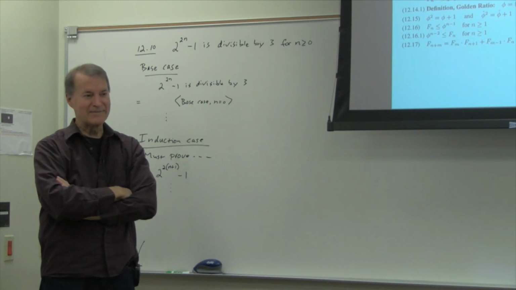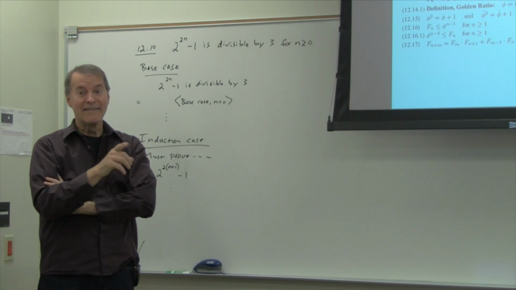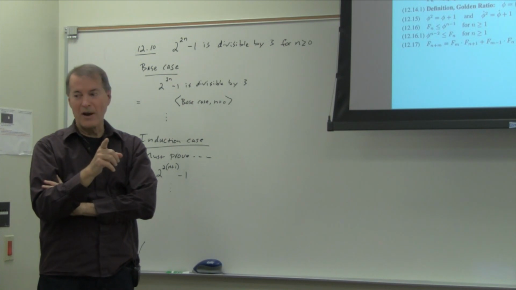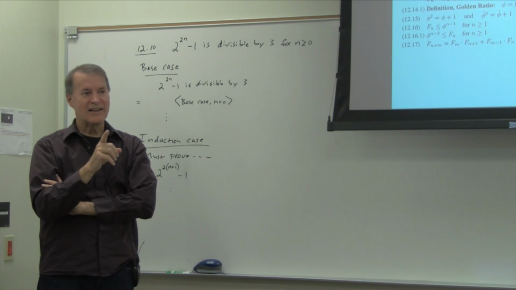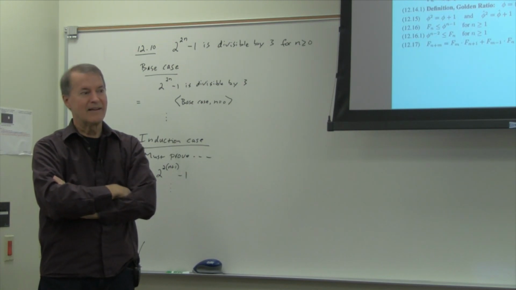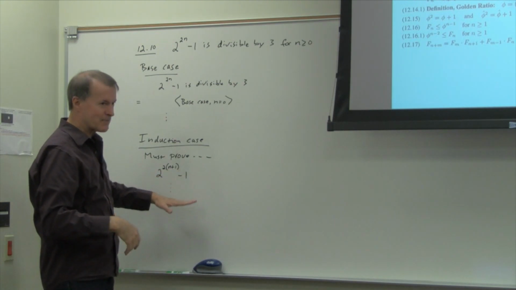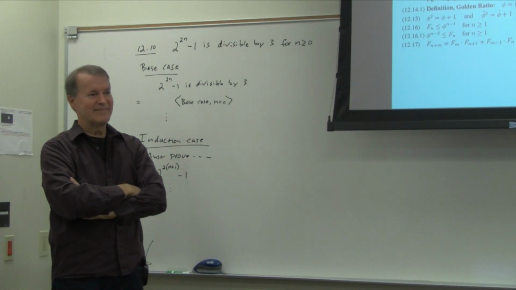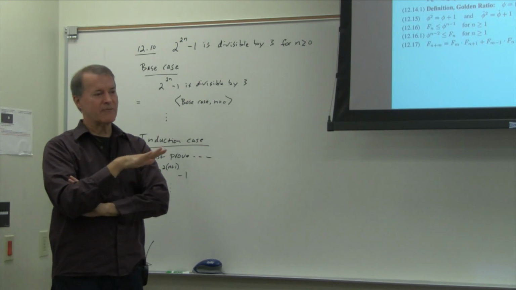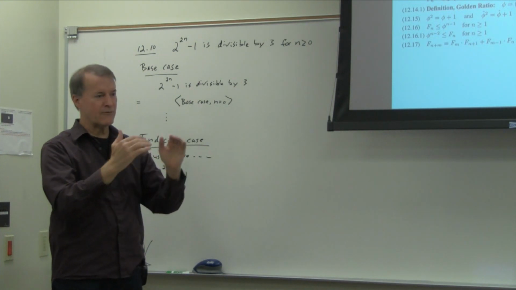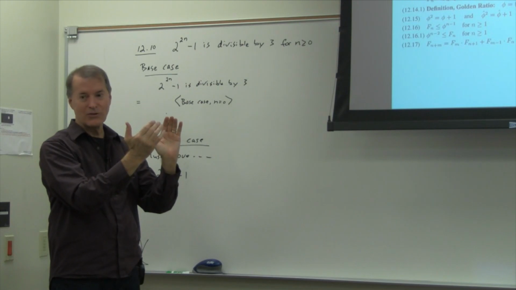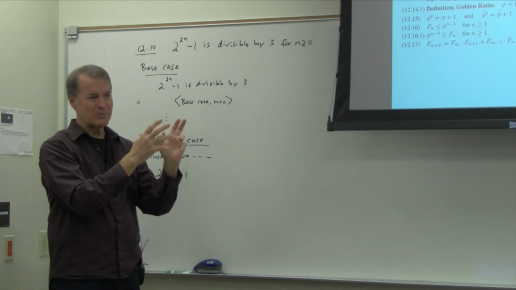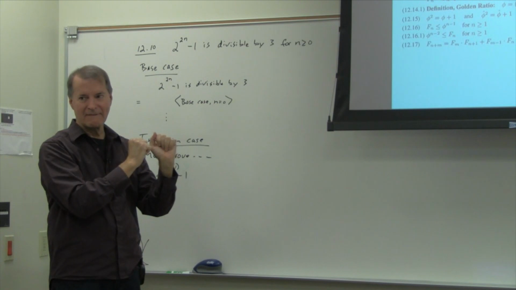Another way to write 4 is 3 plus 1. Once you get to that 4 there, write that 4 as parentheses 3 plus 1, and then multiply that out. Multiply that by 2 to the 2n.